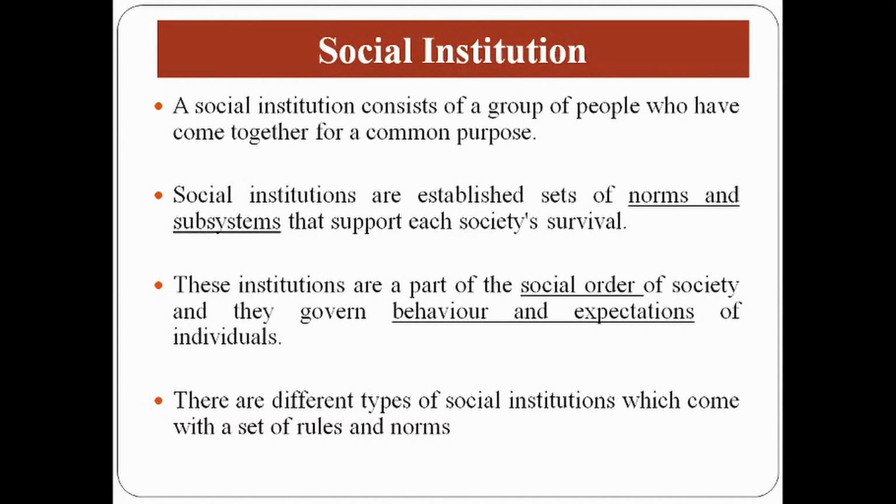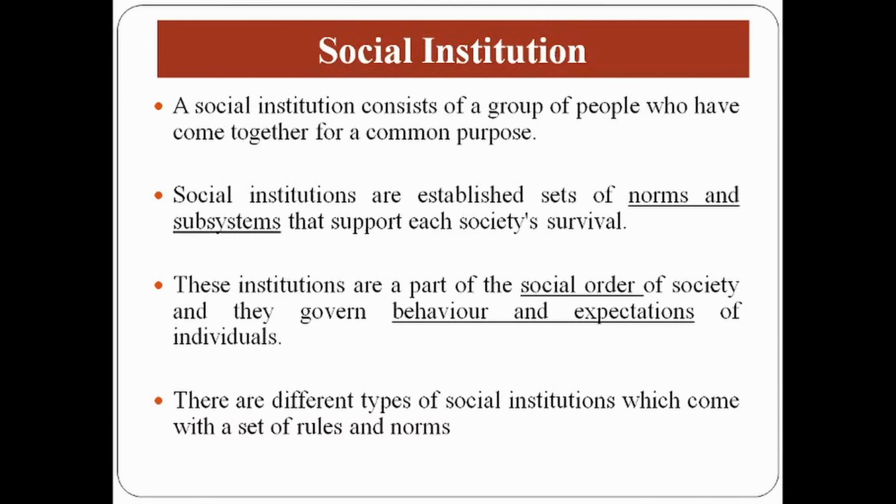Social institutions establish a set of norms and subsystems that support each society's survival. So each society's survival depends on the norms and subsystems established by social institutions.